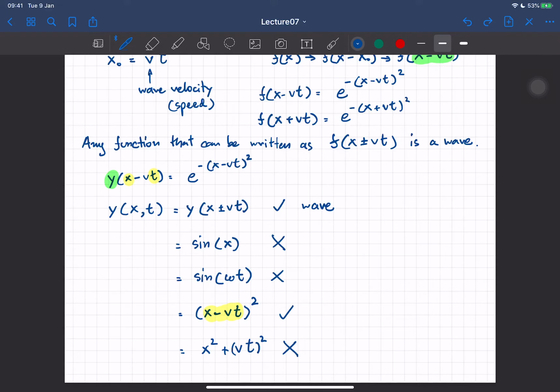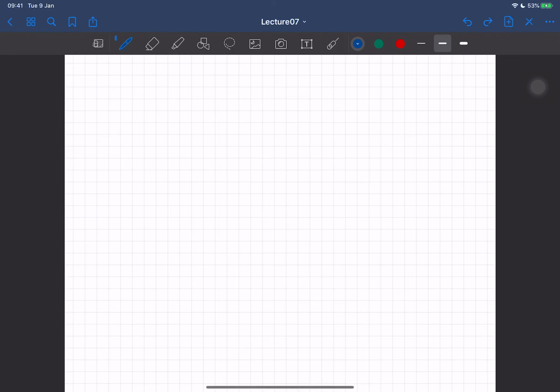For wave, we're going to study what we call sinusoidal wave, which just means a wave described by a sine function. Sinusoidal is the adjective of sine, but it can also be cosine. Just like what you asked last time, why do I have to use cosine? Is sine okay? They are equivalent to each other.